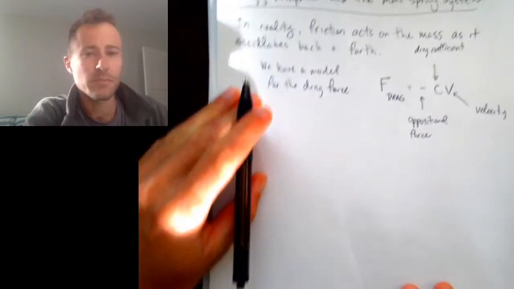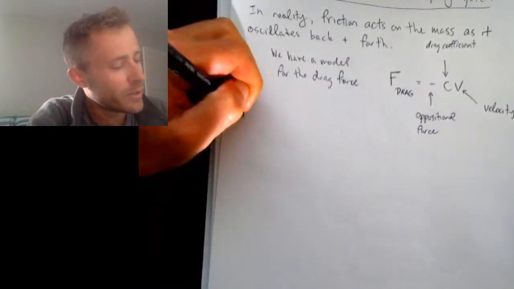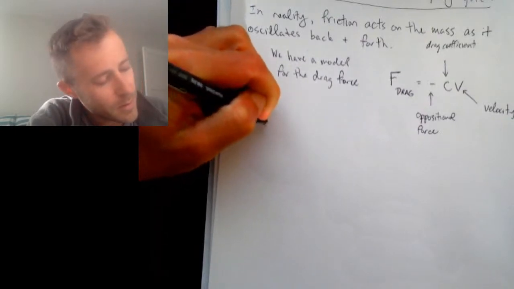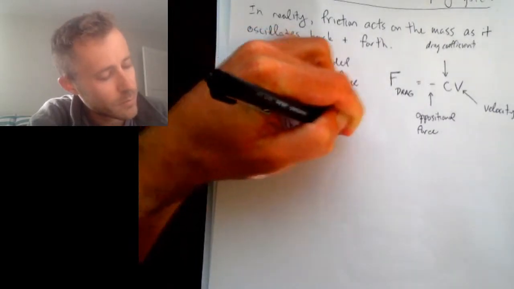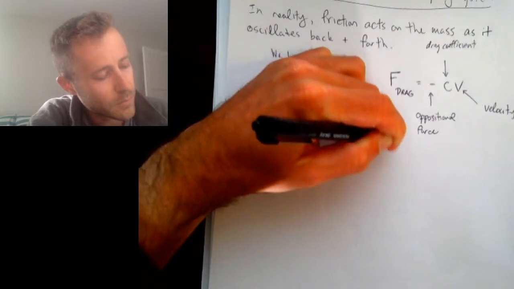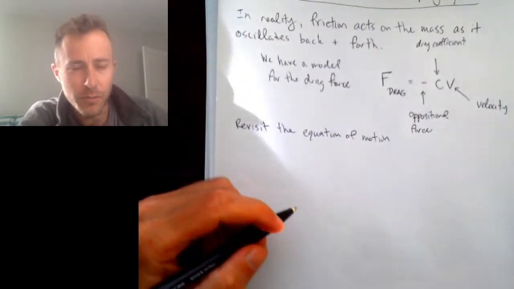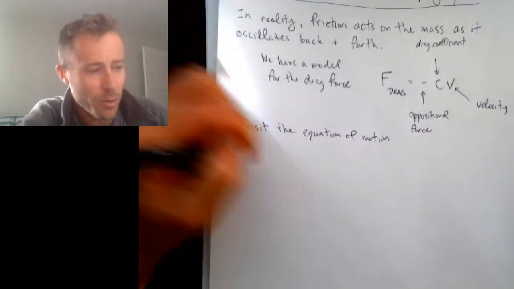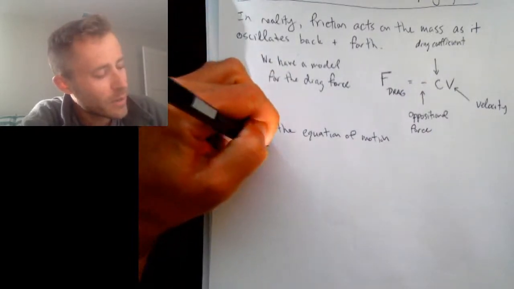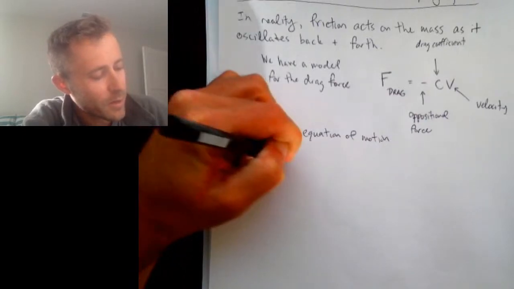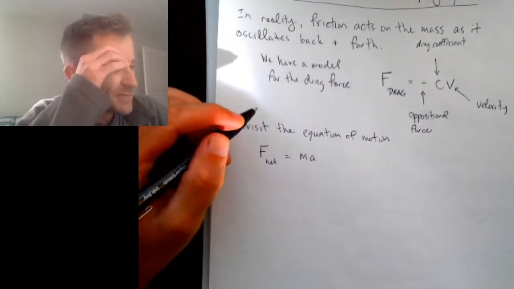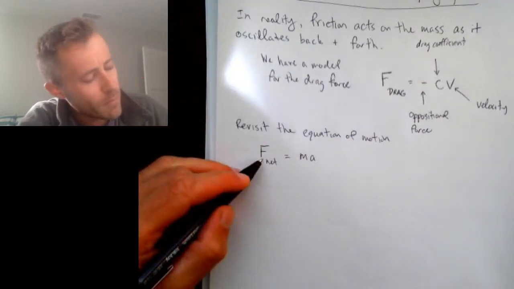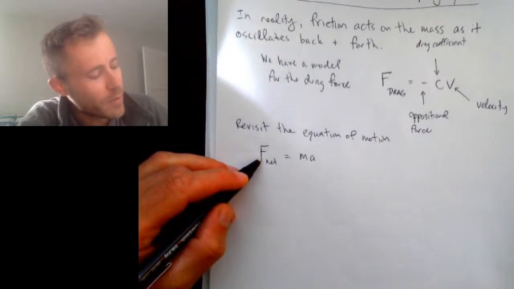So when we have this, we can revisit the equation of motion. If you recall, how did we get the equation of motion for a mass spring system? Well, we had Newton's second law: net force equals ma.